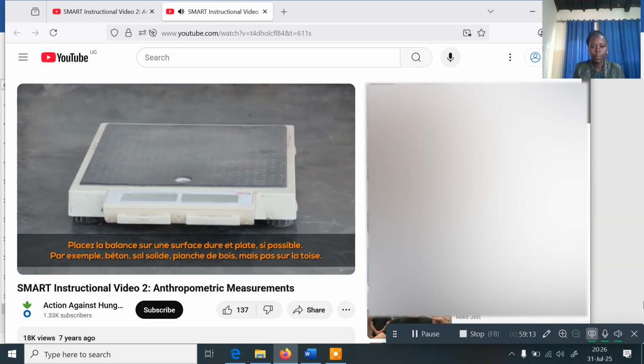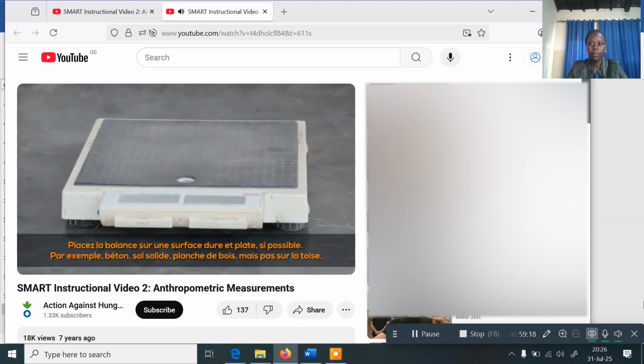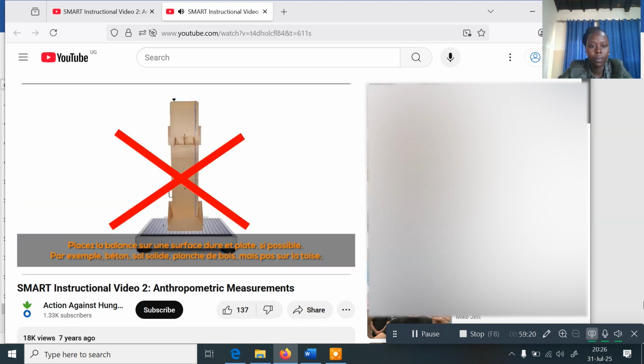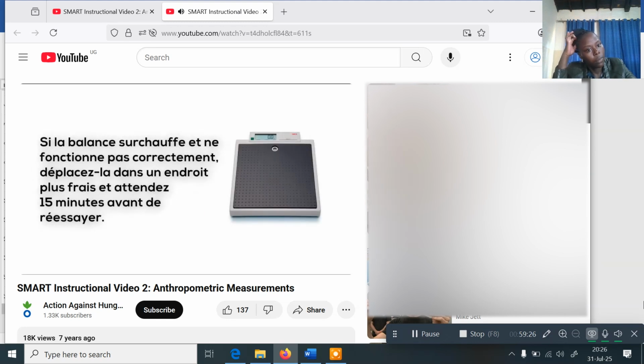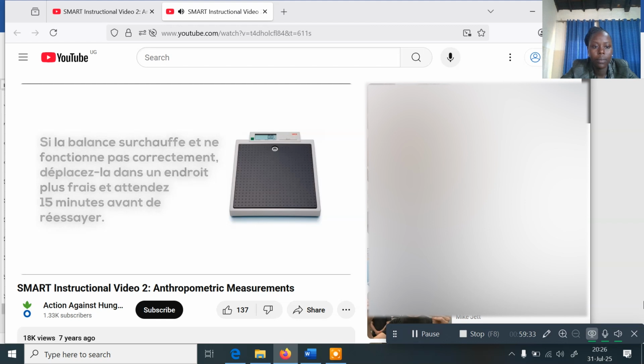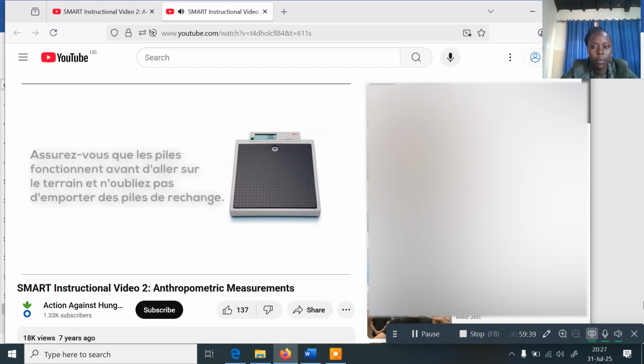For example, concrete, solid ground, wooden board, but not on the height board. Place the scale in the shade or indoors if possible. If the scale overheats and does not work properly, move it to a cooler place and wait 15 minutes before trying again. Handle the scale with care and protect it from excess humidity. Ensure that the batteries are working before going to the field and carry a spare set.